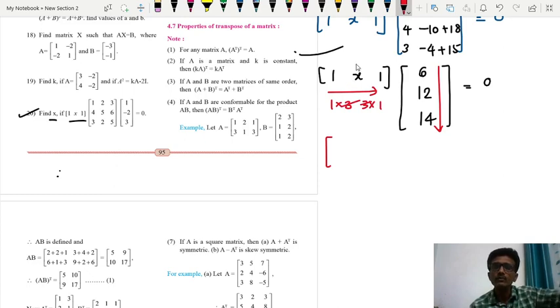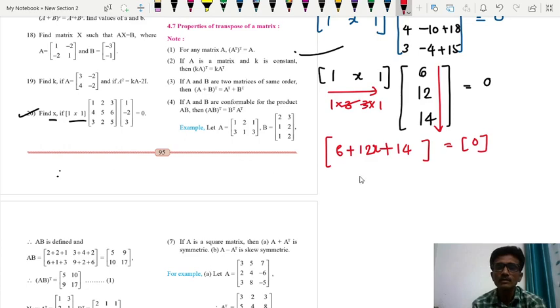So first row into column, that is 6 plus 12x plus 14 is done. Here it is 12x plus 14 is equal to 0. Null matrix. So we equate this. This will be 20.